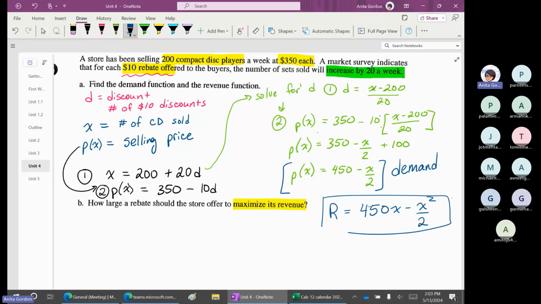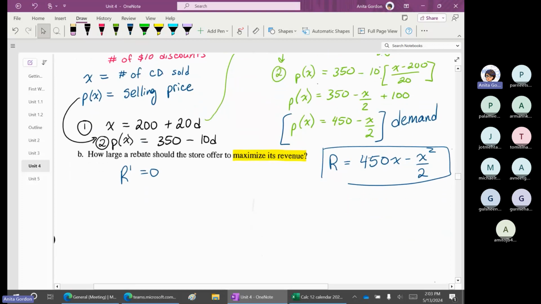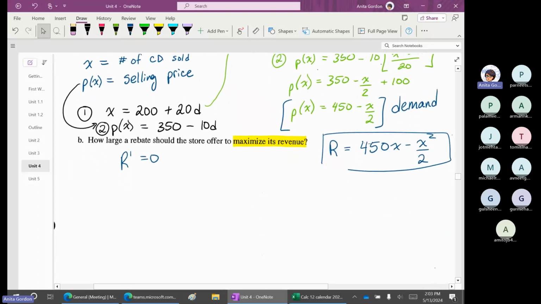We want to find the critical points when R prime is 0. We know what R is from part A, so R prime would be 450 minus X. So X is 450. This is telling me I need to be able to sell 450 discs in order to maximize my revenue.